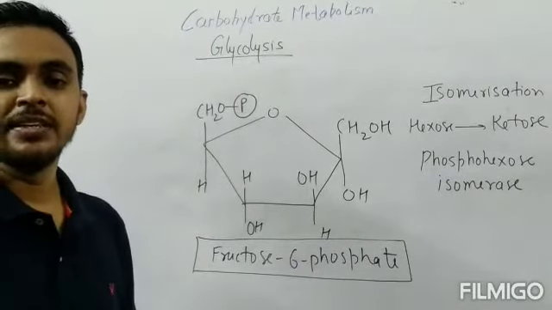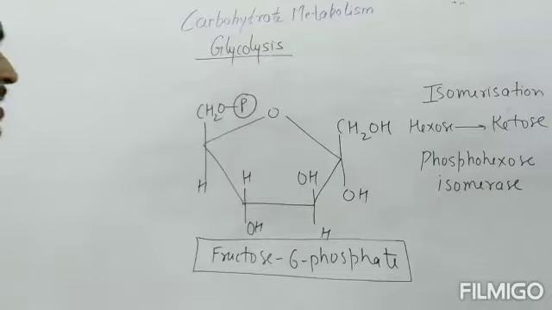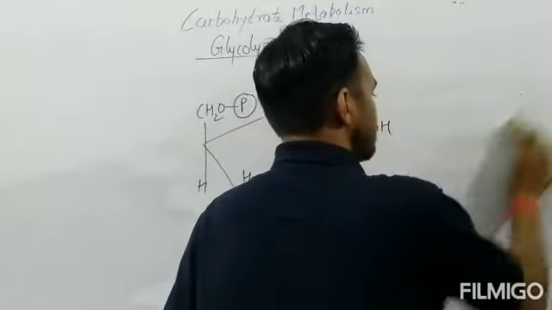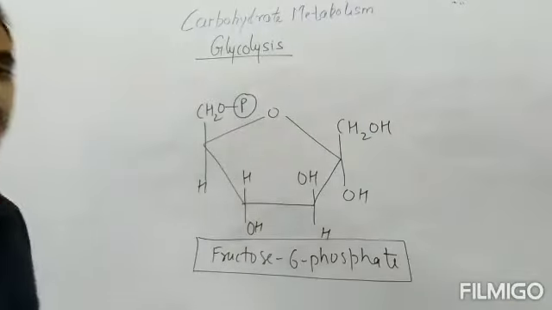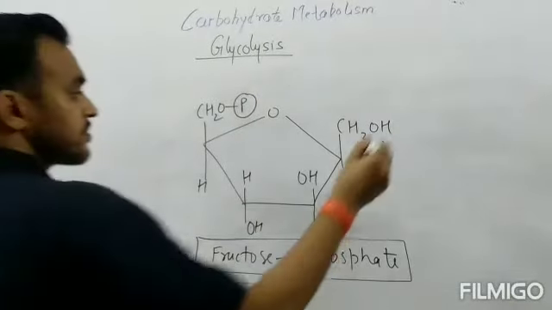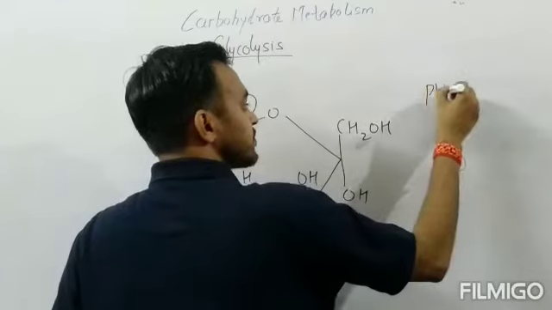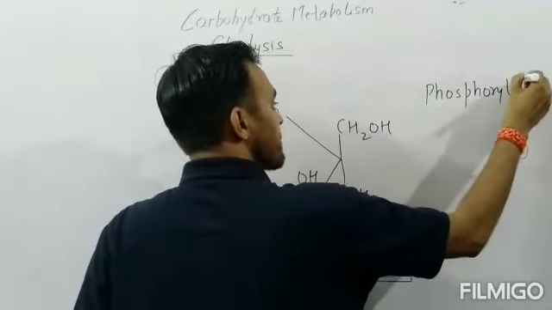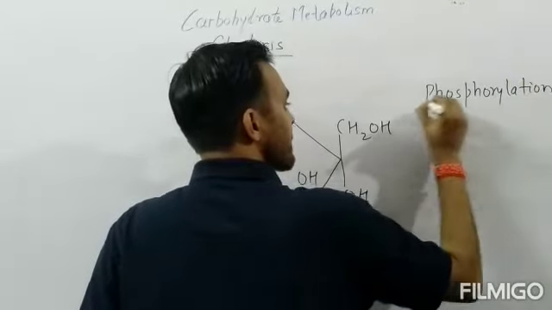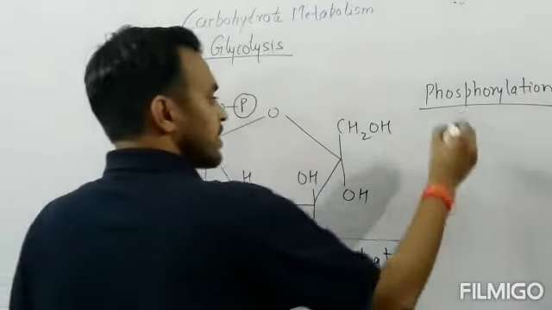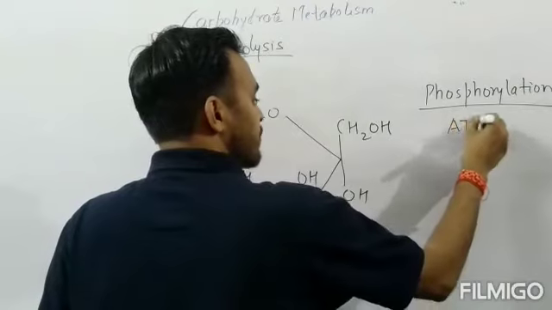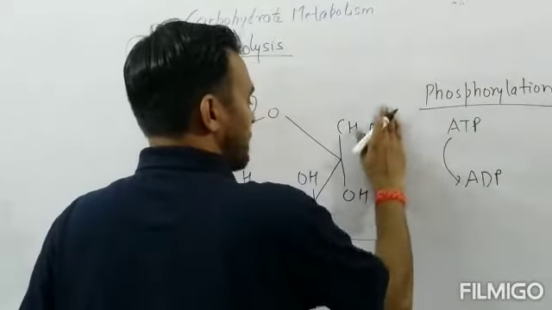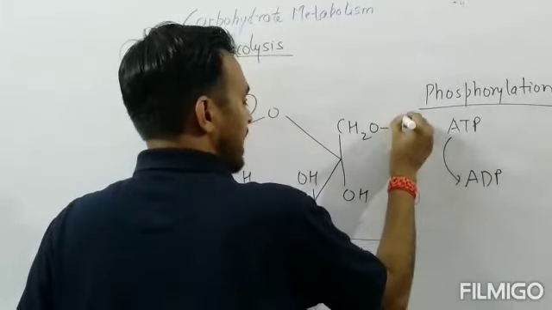In the next reaction, there is also phosphorylation. The phosphate comes from ATP, donating 1 ATP to the first carbon atom.